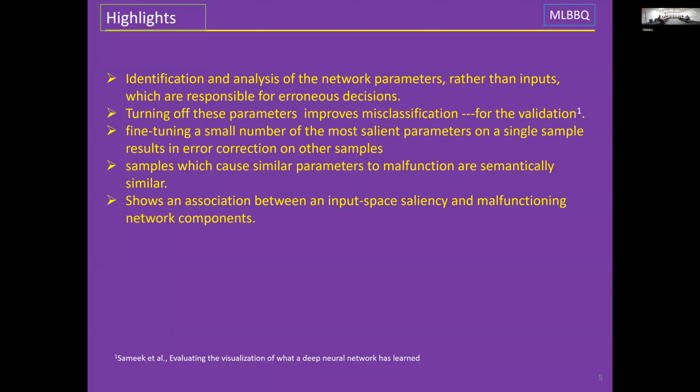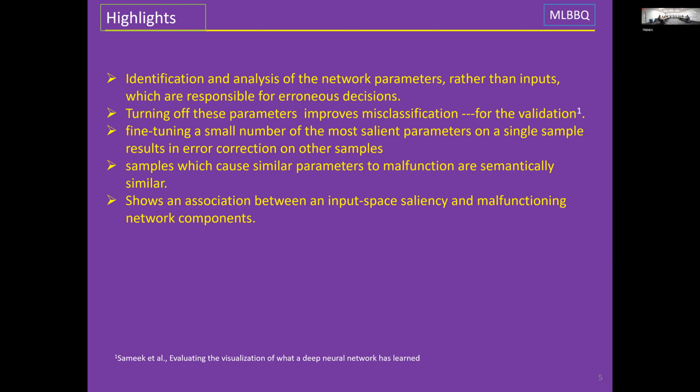Then, in the third point, I'm showing here that fine-tuning a small number of the most salient parameters on a single sample results in error correction on other samples. For example, there is a sample for which this model is making an erroneous prediction.